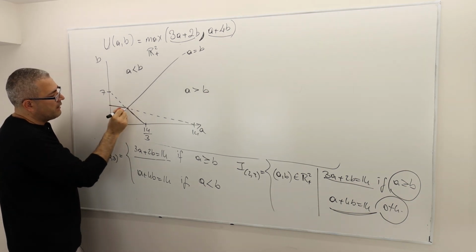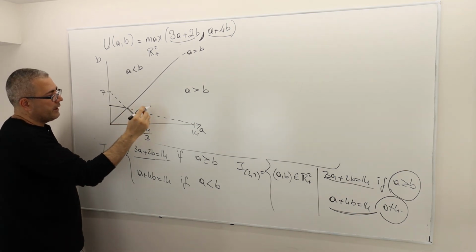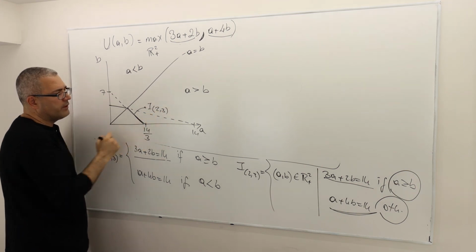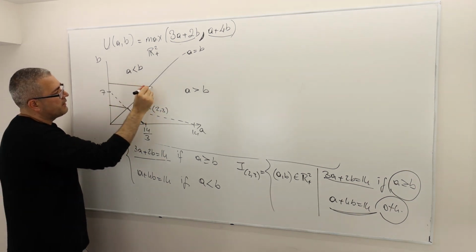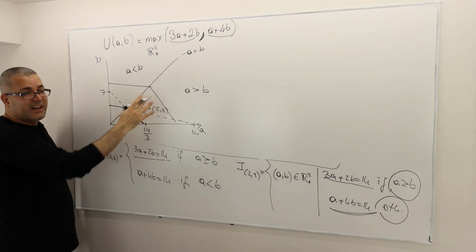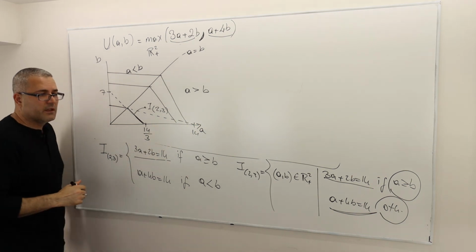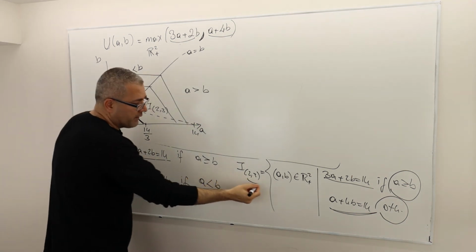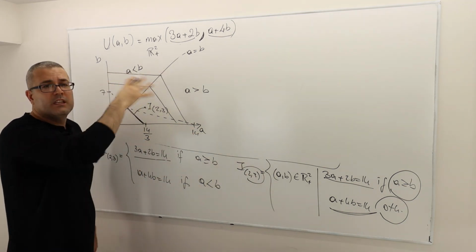All right, so this is the indifference curve I2, 3, when the utility level is 14. Trust me, this is another indifference curve with a higher utility level, and this is another with a higher utility level. A good exercise is to pick another point other than 2, 3, for example 5, 5, and draw its indifference curve.